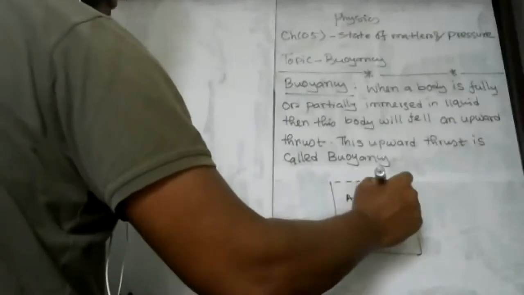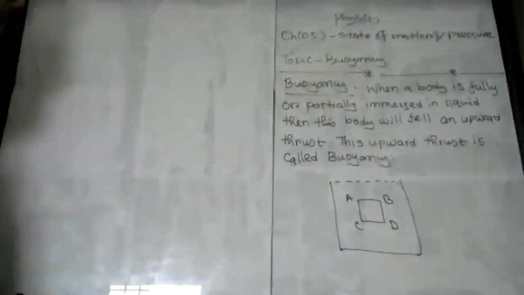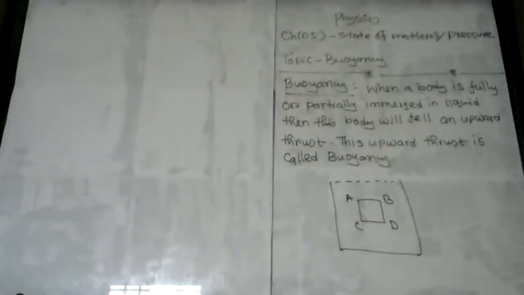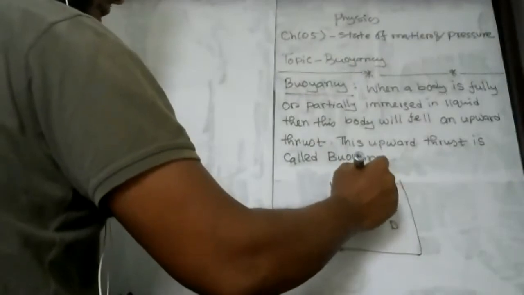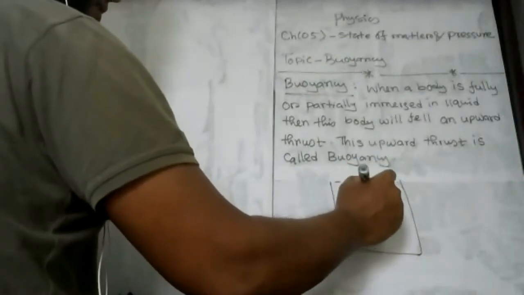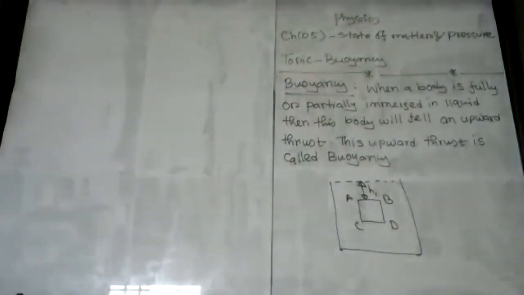Suppose this is A, B, C, and then D. At first, let's take the height from the upper surface of the liquid to the upper surface of the cylinder. This height will be equal to H1. And then the height of the cylindrical shaped body is H, my dear student.